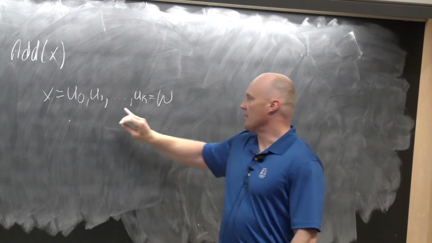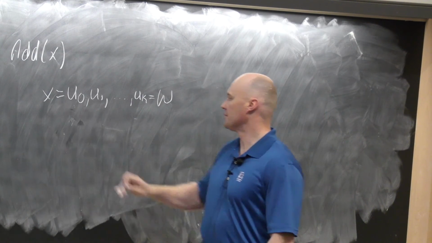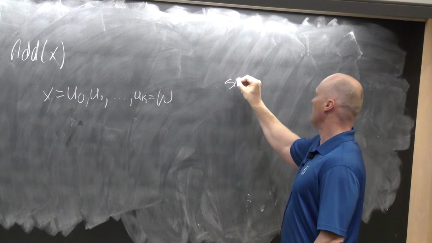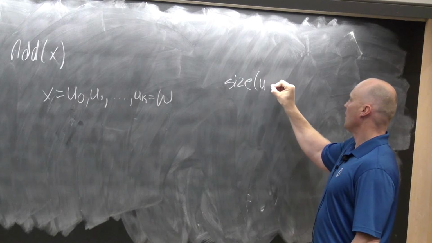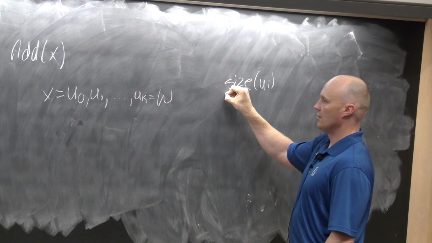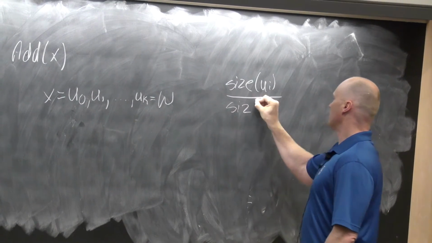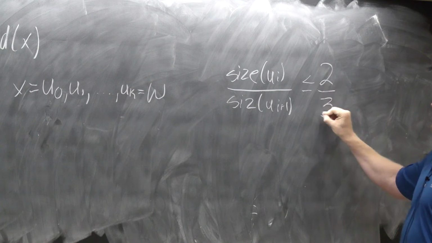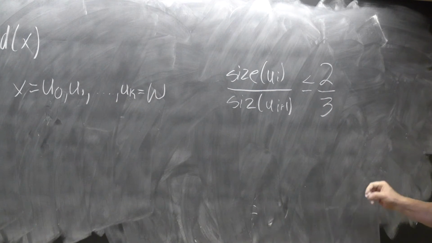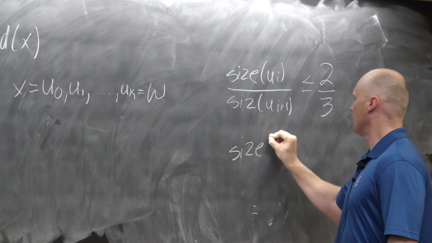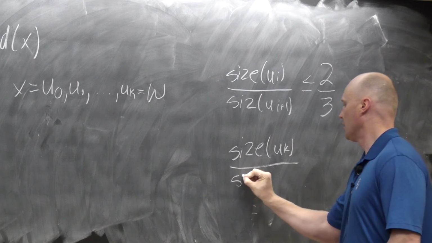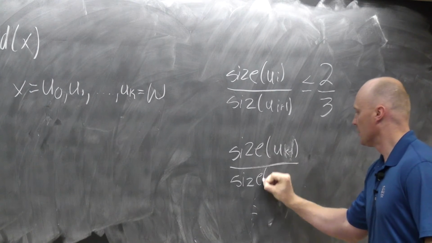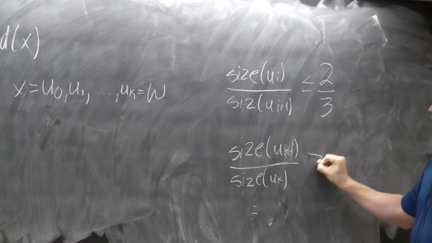And we call size on each one of these. In each case, the size of u_i over the size of u_i plus 1 is less than or equal to 2/3, except for u_k minus 1, which is greater than 2/3.